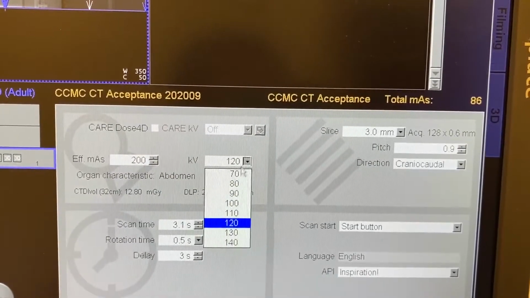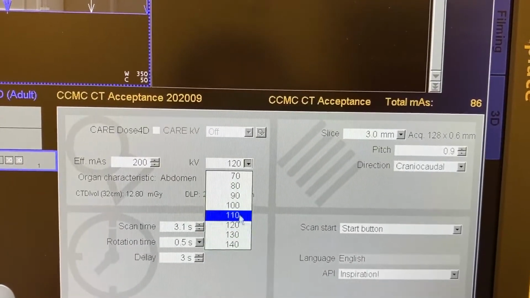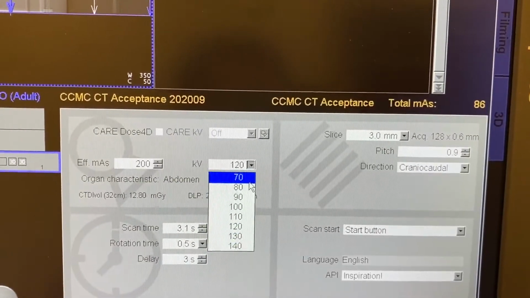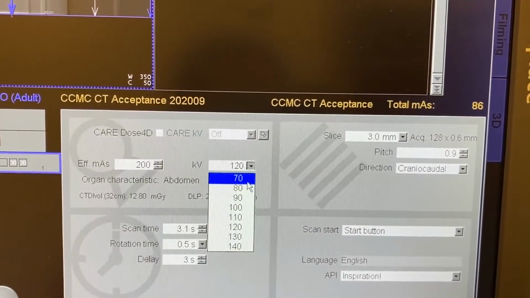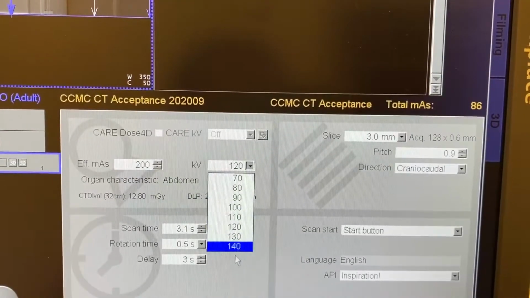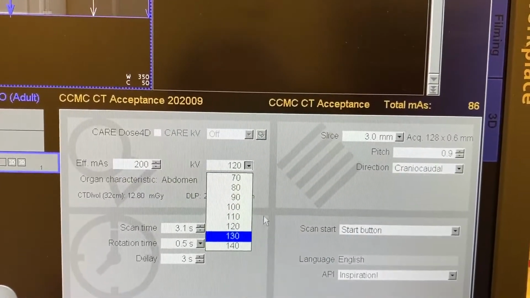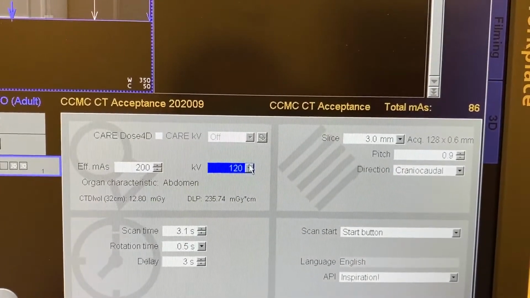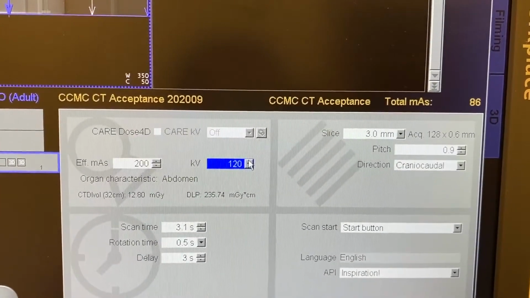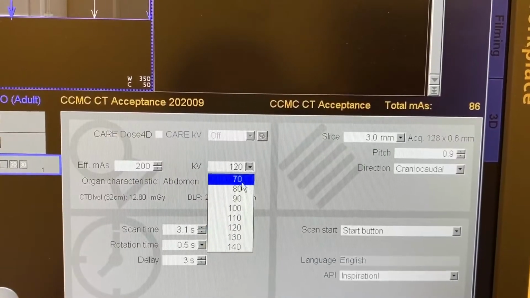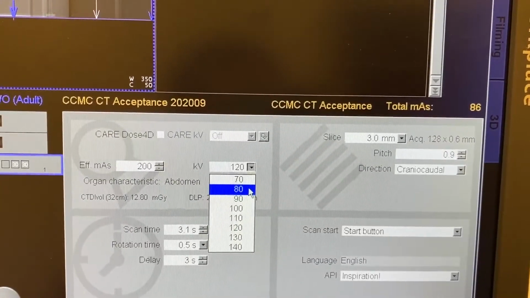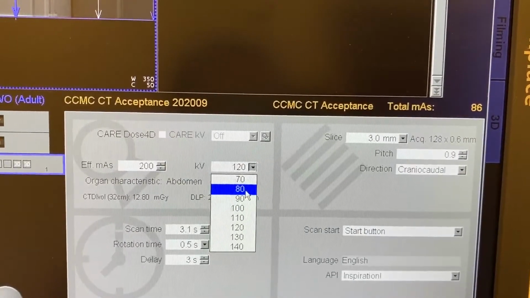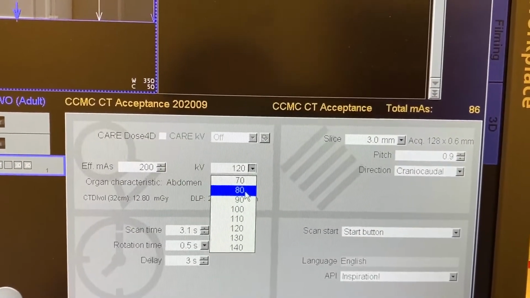If you look at this, for this particular scanner, we have a wide range of choice for the kV selections. We can choose as low as 70 and as high as 140. Normally we use 120, and this is what we are going to use for our scans. However, as we mentioned in class, if you use a lower kV, you will have a higher contrast.